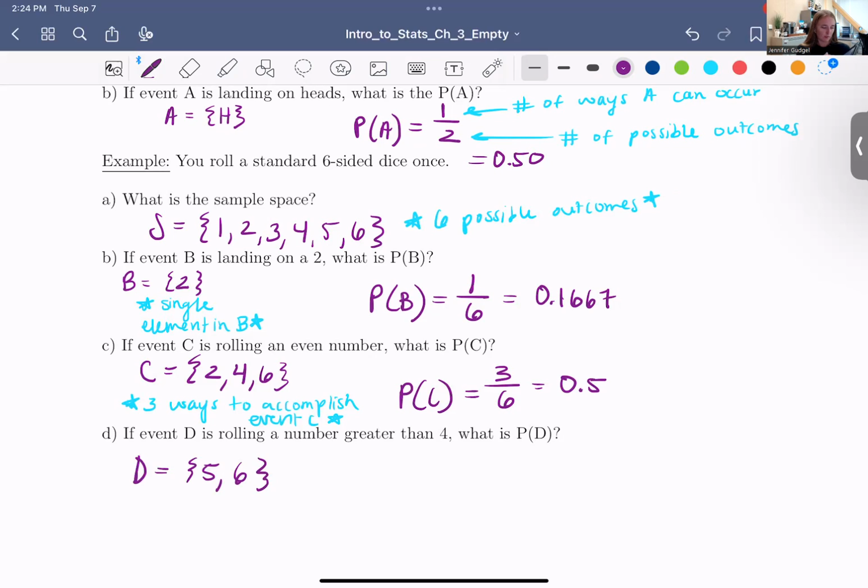There are 2 ways for D to happen. So the probability of D occurring, or the probability of rolling a number greater than 4, is 2 out of 6, or 1 out of 3, or 0.3333, repeating.